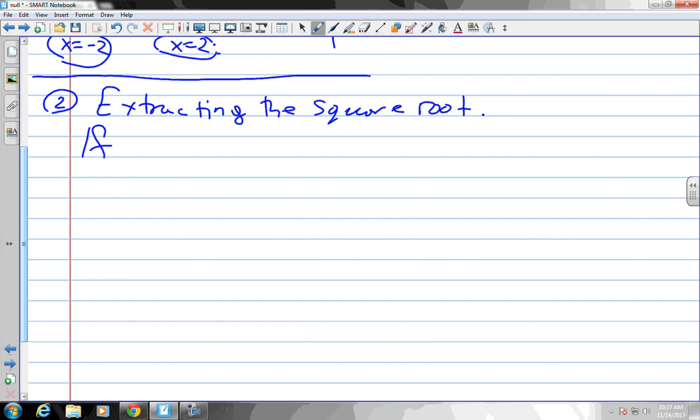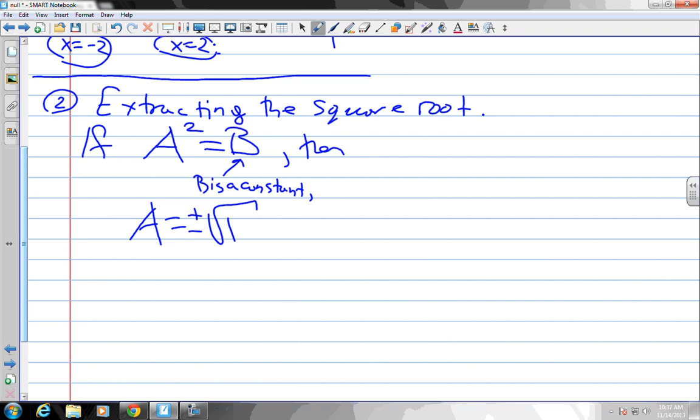If you have the following, something squared equals a number. So b, the other side has to be a constant. Then a equals plus or minus the square root of b.